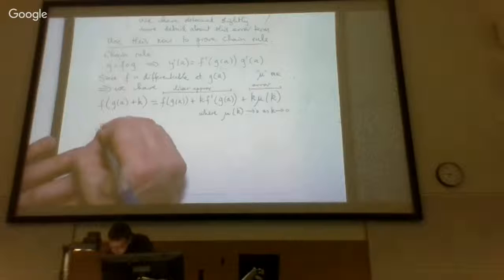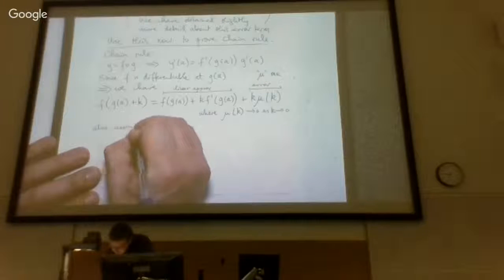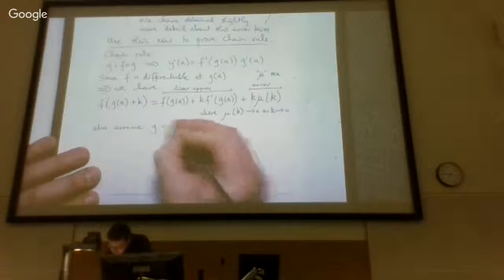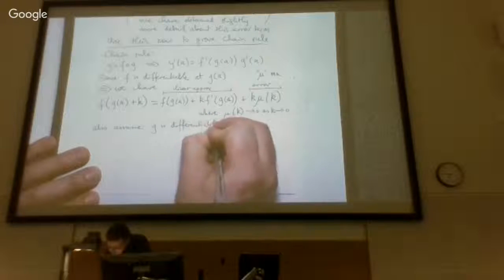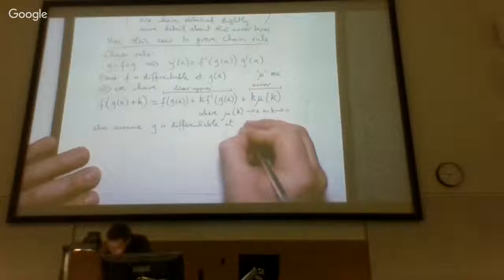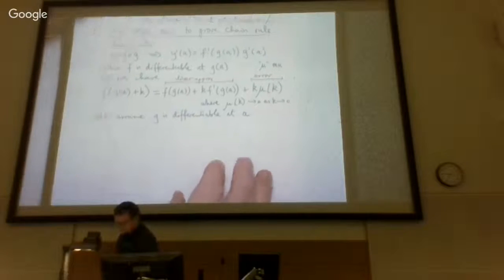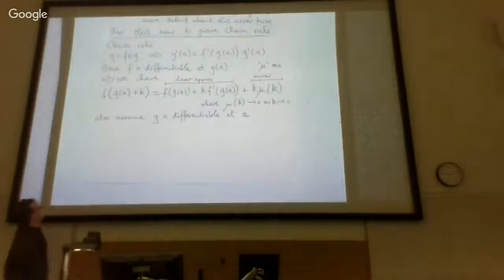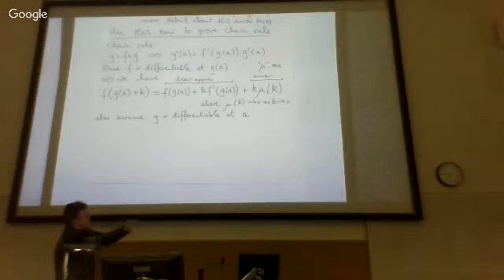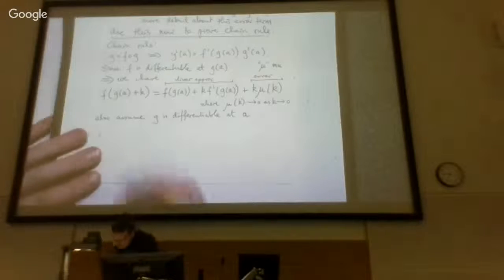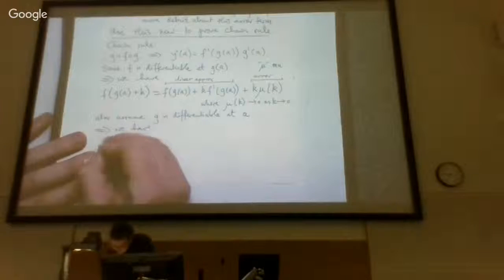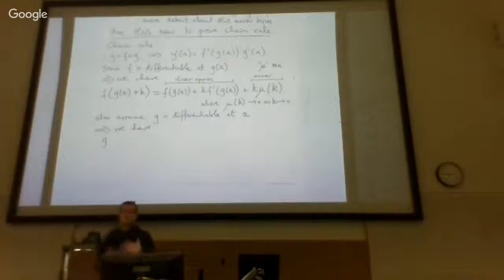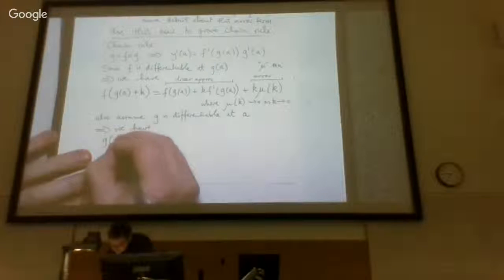We also assume that g is differentiable. The g we're going to be assuming is differentiable at the base point a. g is the first function in the composition, and it's going to be evaluated at the base point a. So that implies by this new definition that we have the linear approximation form for g based at the point a available to us.